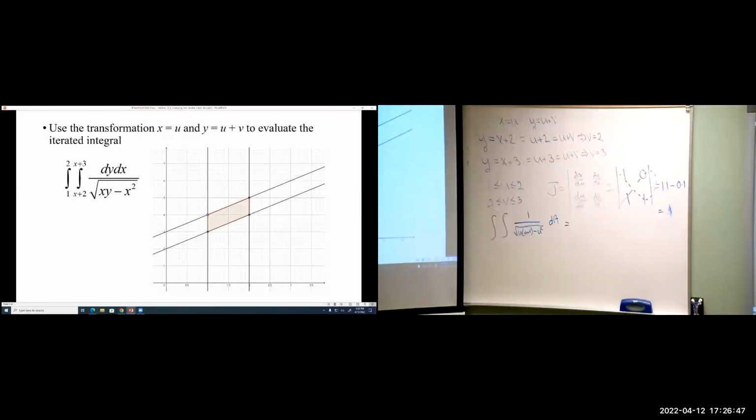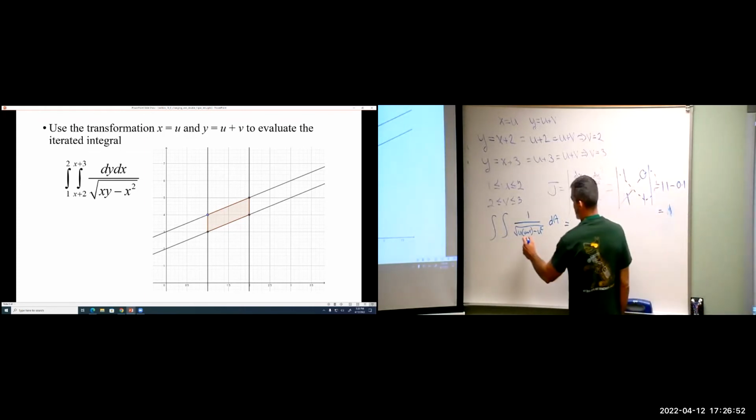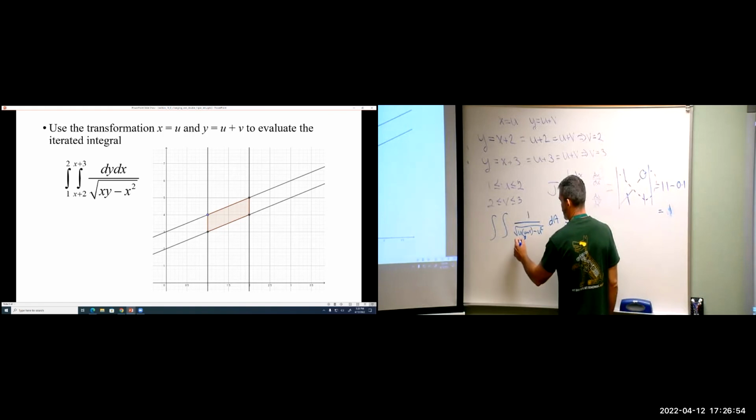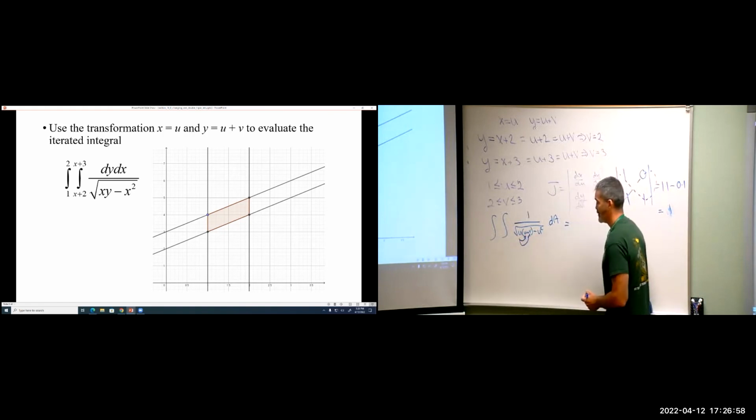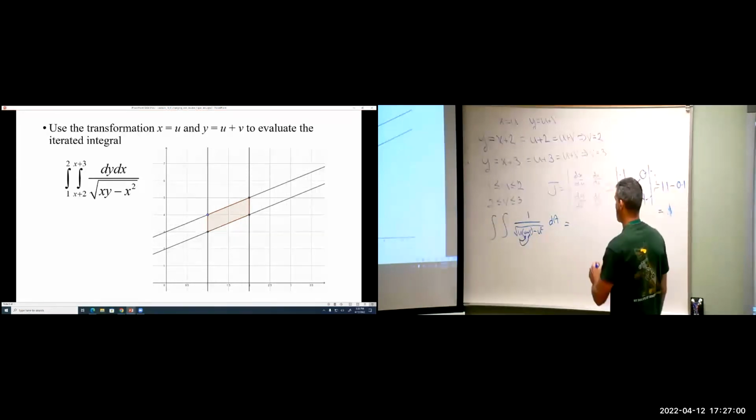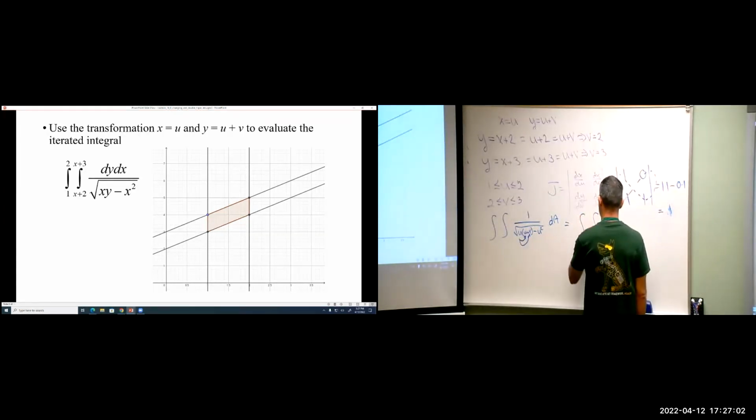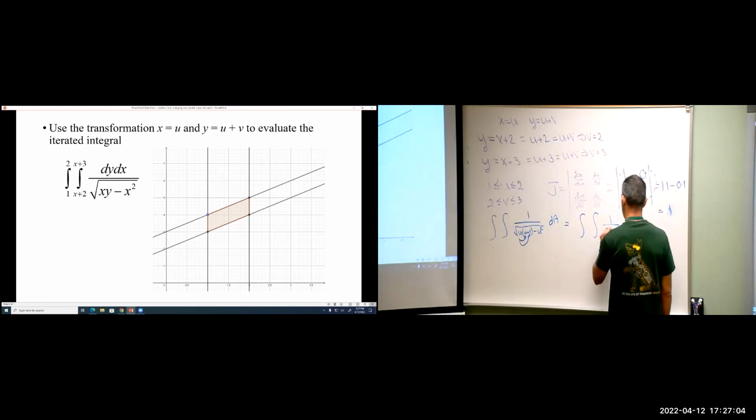We're going to distribute this u. That gives us a u squared. Those u squareds are going to very nicely cancel, and we're basically just going to end up with the product uv. So 1 over the square root of uv.